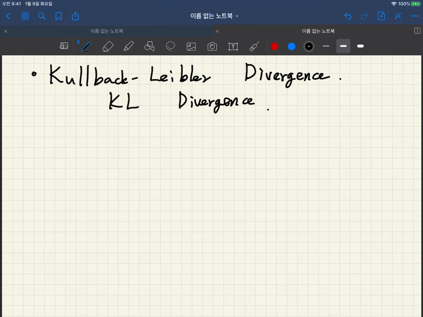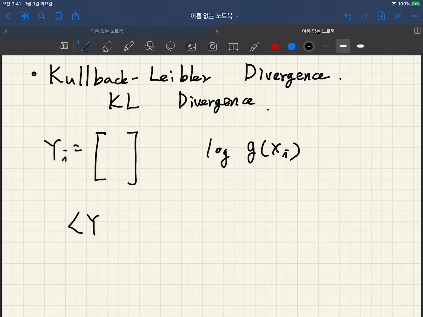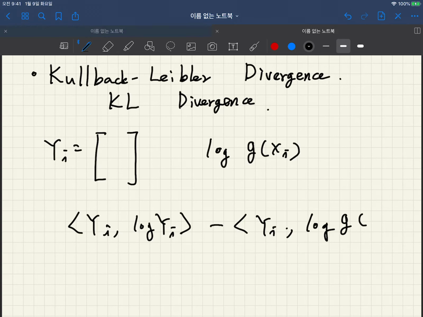This is very simple. Again, yi is a probability vector. All elements are positive and the sum of elements equals 1. And we have the log g(xi) vector. The KL divergence is the inner product between yi and the log yi vector, minus the inner product of yi and log g(xi).